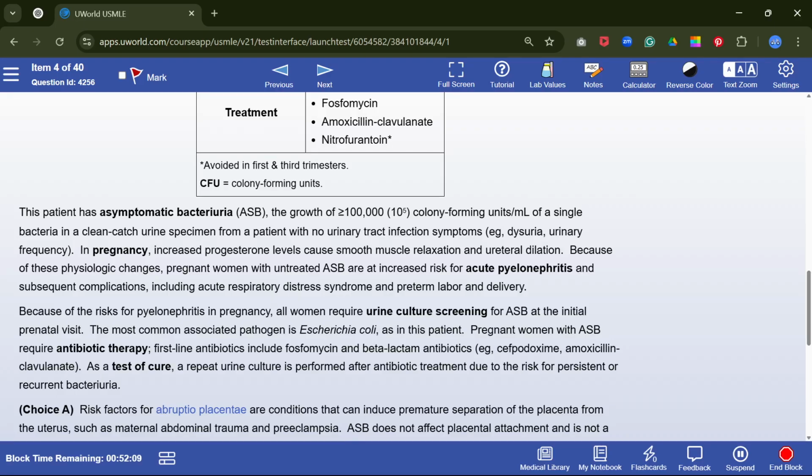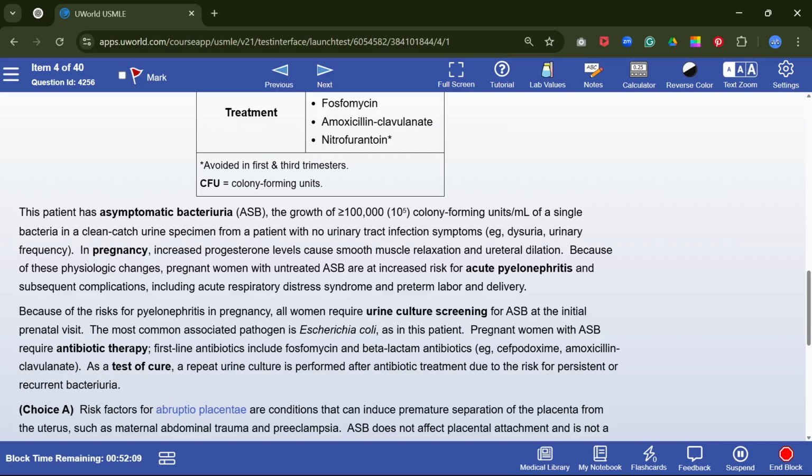In pregnancy, increased progesterone level causes smooth muscle relaxation and ureteral dilation. Because of these physiologic changes, pregnant women with untreated asymptomatic bacteriuria are at increased risk for acute pyelonephritis, and subsequent complications include acute respiratory distress syndrome and premature labor and delivery.